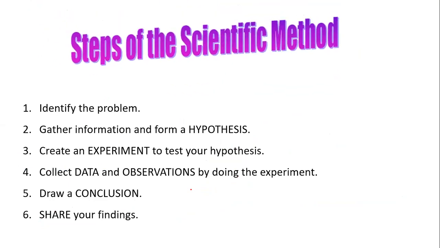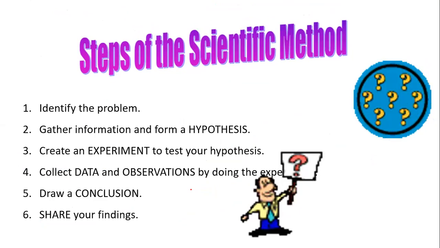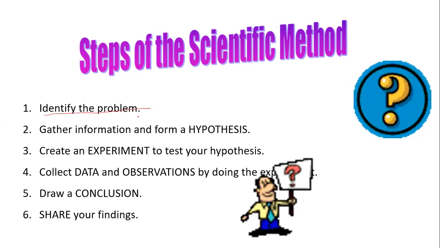Okay, so here are the steps in performing the scientific method. Number one step is, of course, we need to identify the problem. What is the problem all about? What is the cause of this problem?